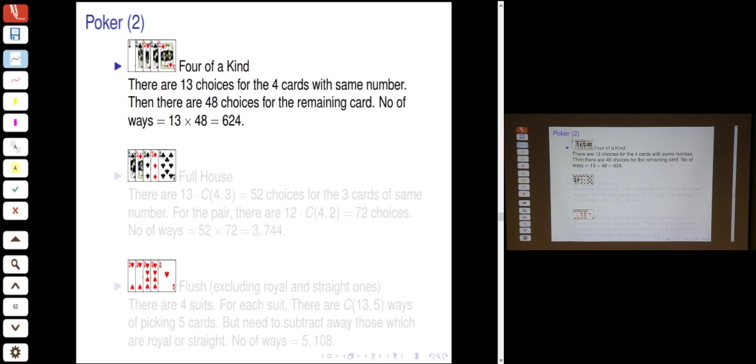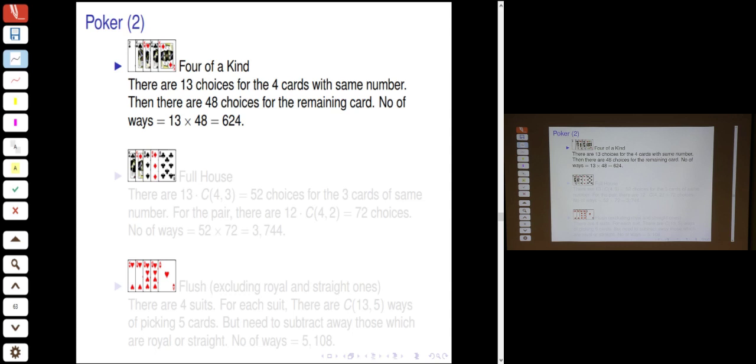Okay, so now we want to have four of a kind. In other words, among the 5 cards, 4 of them are the same. Again, imagine that we form this hand in 2 steps. The first step is to choose the 4 cards of a kind.